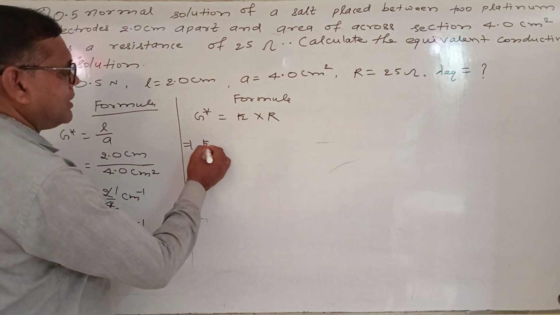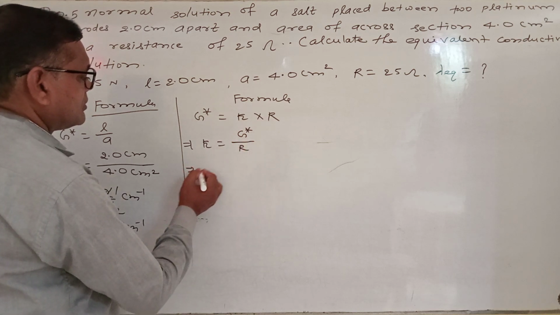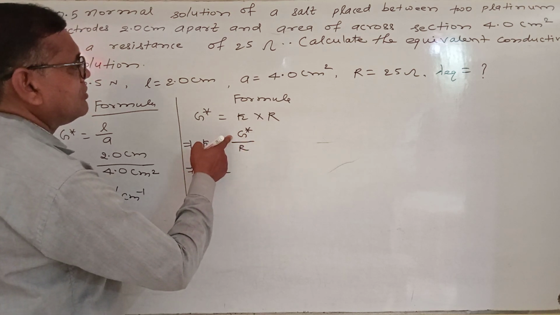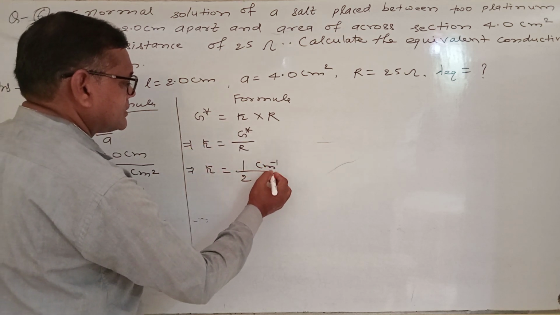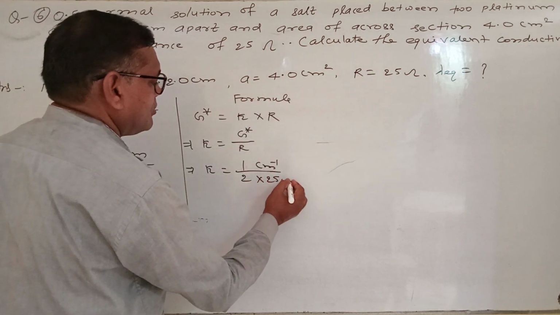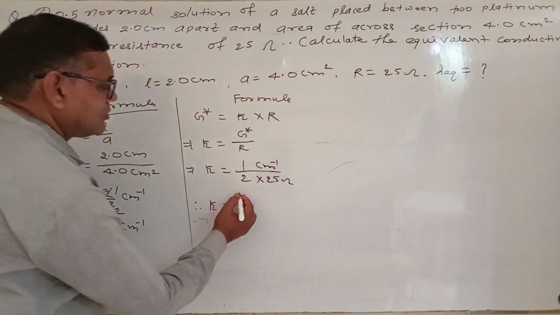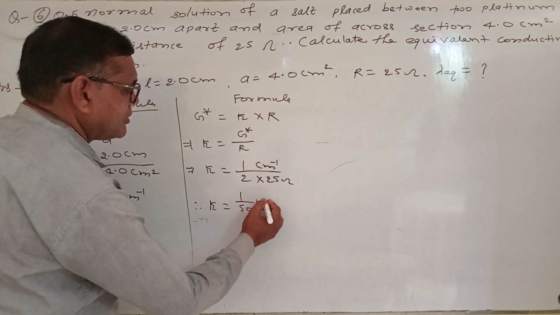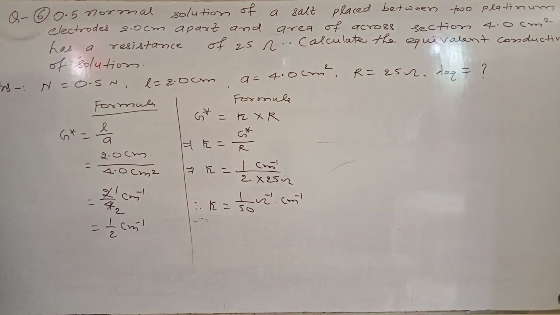Therefore, we write kappa is equal to G star upon R. Kappa is equal to, the value of G star is 1/2 cm inverse. The value of R is equal to 25 ohm. Therefore, we write 1/50 ohm inverse cm inverse. It is the value of kappa, which is called specific conductivity.